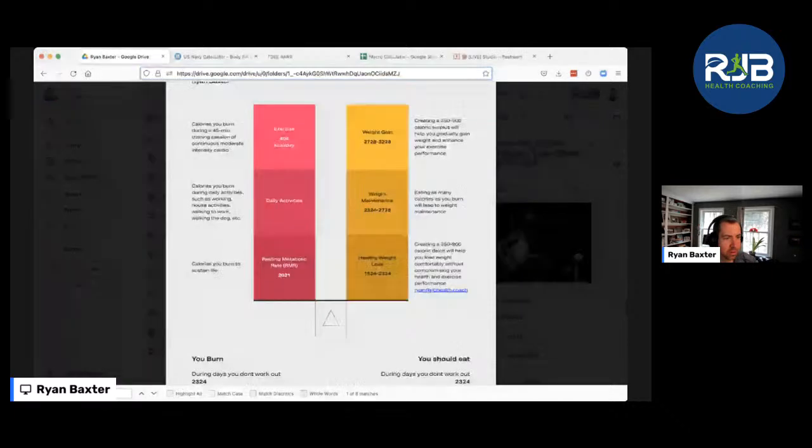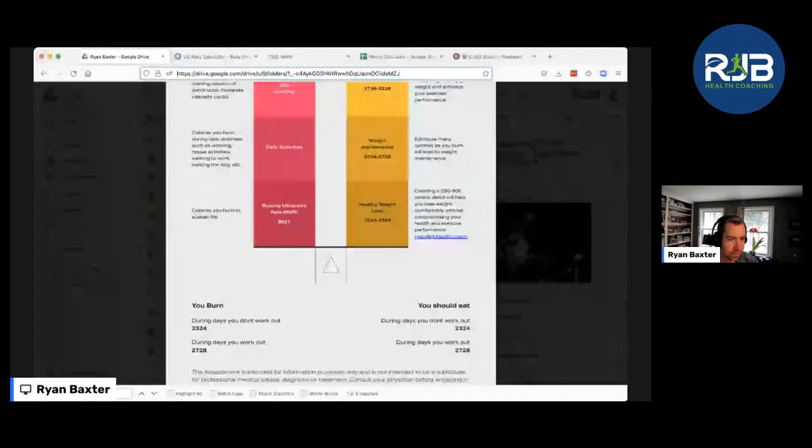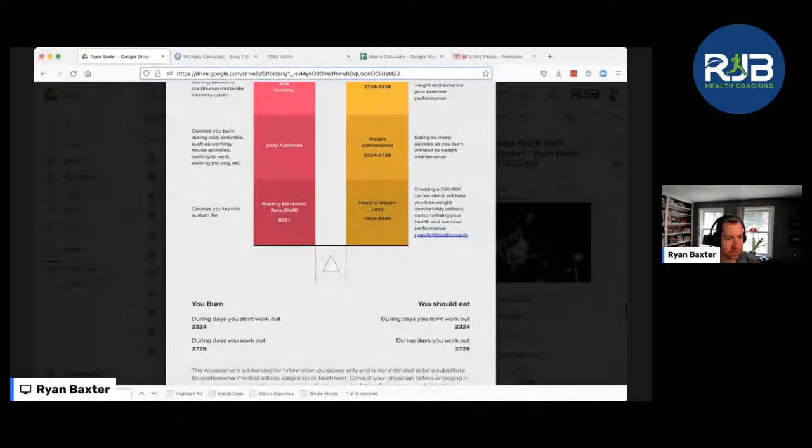If you add on everyday activities plus exercise on top of that, assuming I exercise for 45 minutes at moderate intensity, I'll burn an additional 404 calories. Add that all together, and on non-exercise days I'd be burning around 2,300 calories, and on exercise days around 2,700 calories.